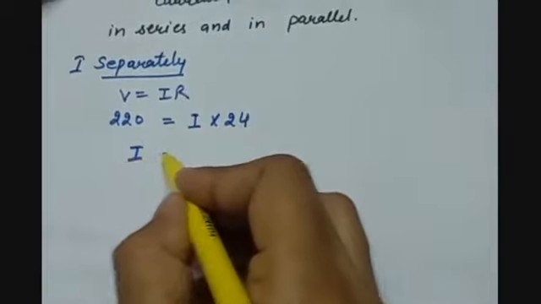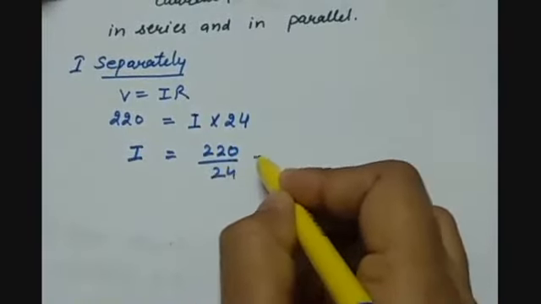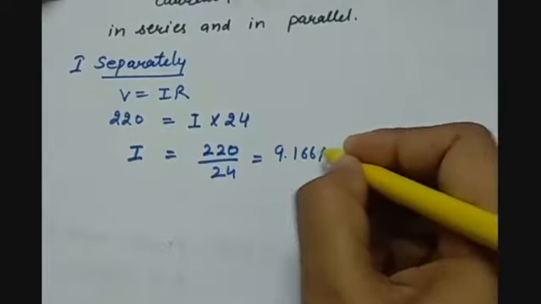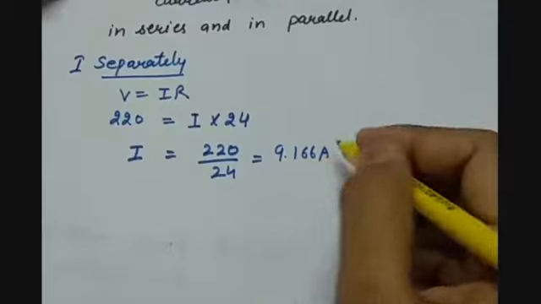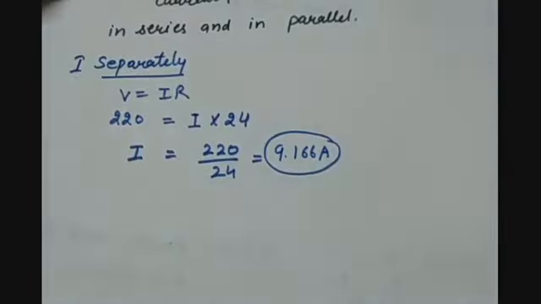So what will be the value of I? That will be 220 by 24, and that comes out to be 9.166 amperes. That means this much current flows through the circuit when each coil is used separately, because each is having resistance of 24, so same current will flow.